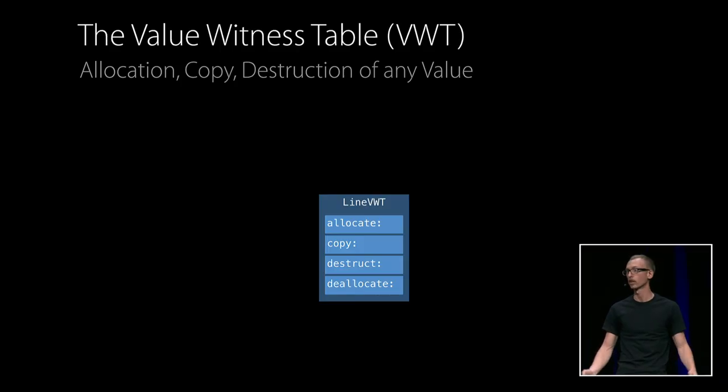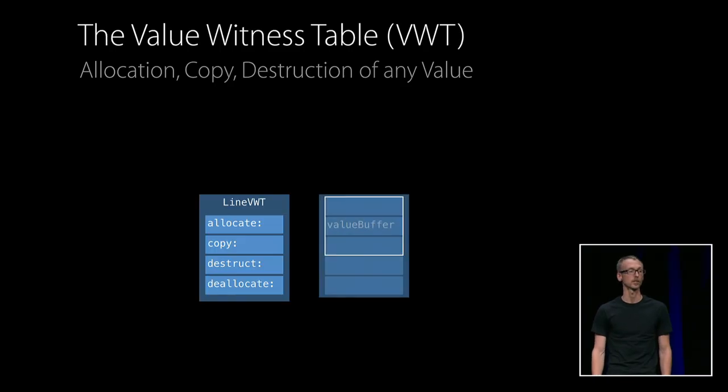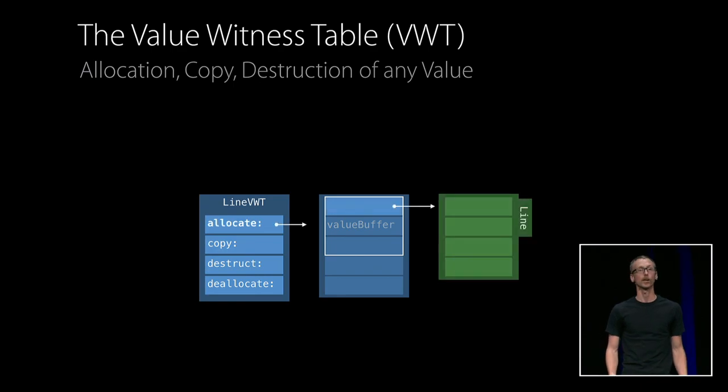Now let's take a look at the lifetime of a local variable to see how this table operates. So at the beginning of the lifetime of our local variable of protocol type, Swift calls the allocate function inside of that table. This function, because we now have in this case a line value witness table, will allocate the memory on the heap and store a pointer to that memory inside of the value buffer of the existential container.